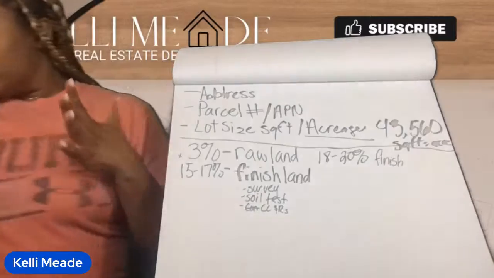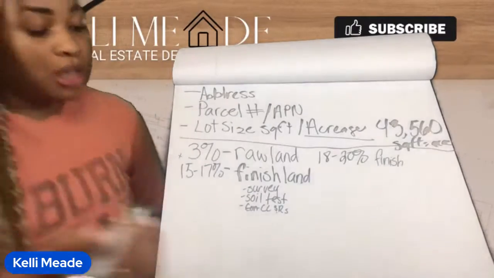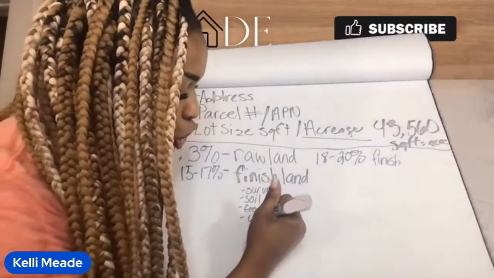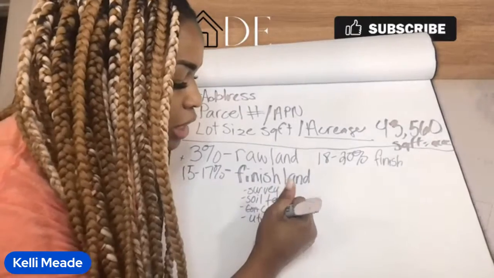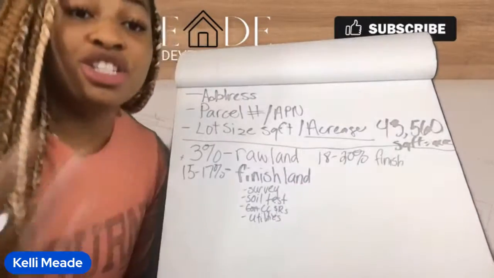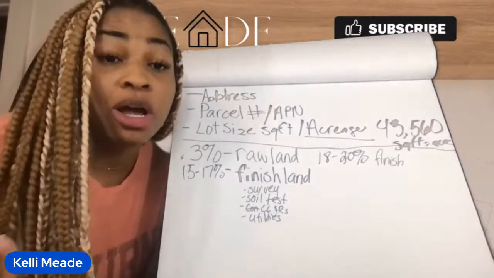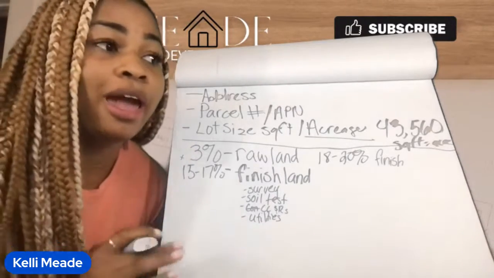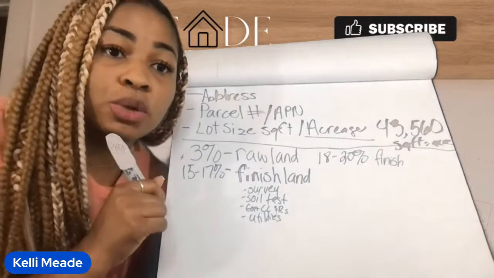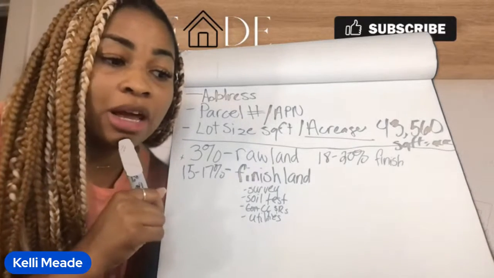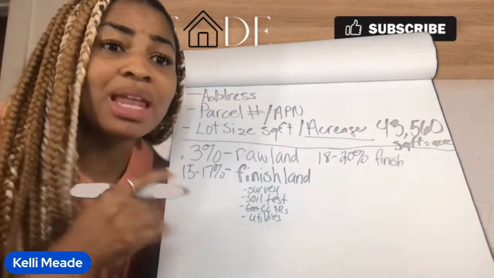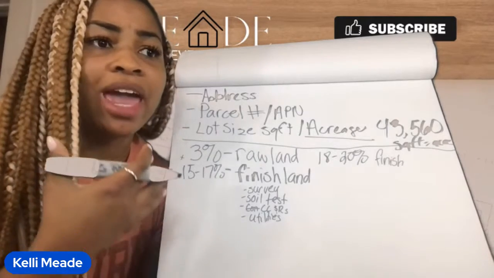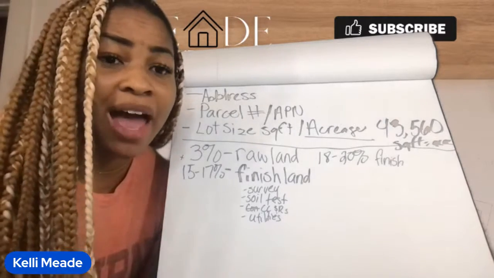Okay. All right. And then also utilities, which is huge. Utilities include not just power, but water and sewer. I would advise you to make sure that you are developing in an area that has landfills and water treatment plants nearby.